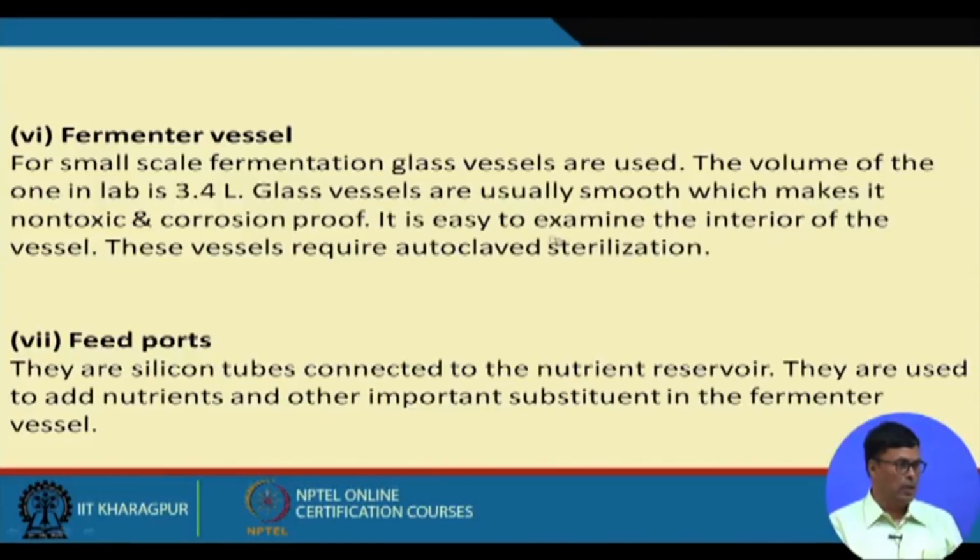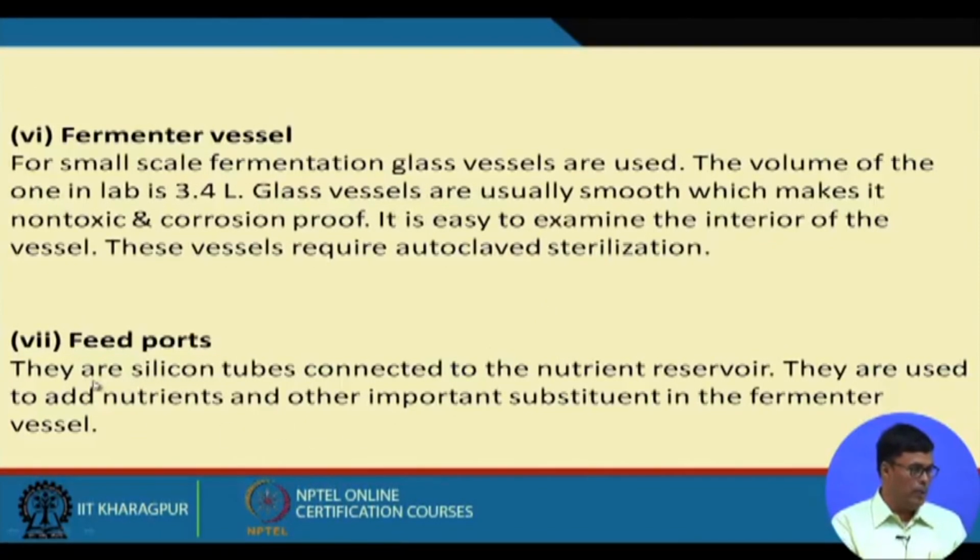It is easy to examine the interior, because we use the glass vessel in the lab fermenter to examine the interior of the vessel, but in the industrial fermenter, I told you, we have the watch glass at the top. From the top, with the help of light, we can find out exactly what is going on inside the system. Then feed ports.